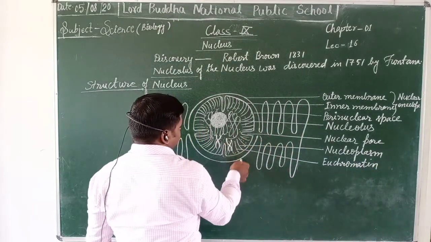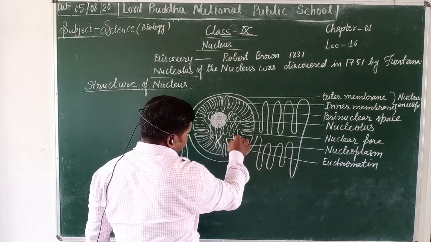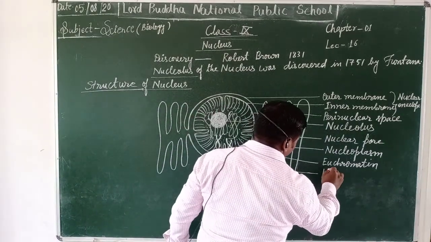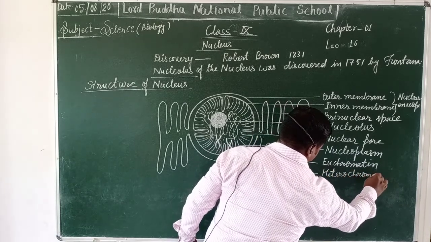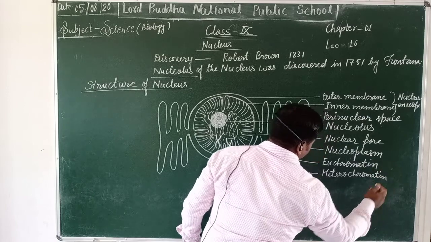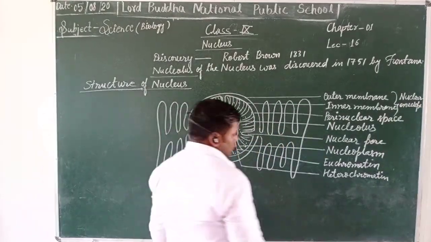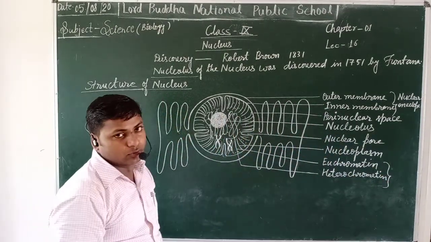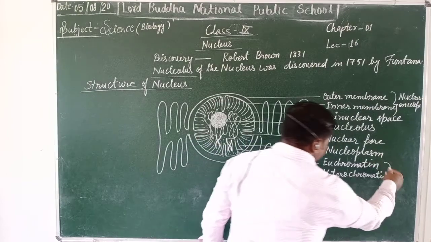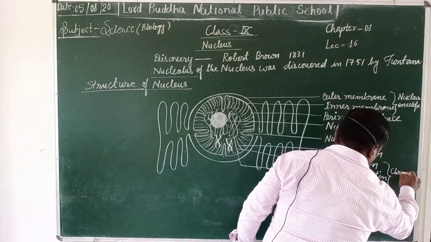And these intermingled crisscross-shaped structures, which are highly coiled, are called heterochromatids. These are kinds of chromatin threads, and usually they are helpful in the formation of chromosomes.